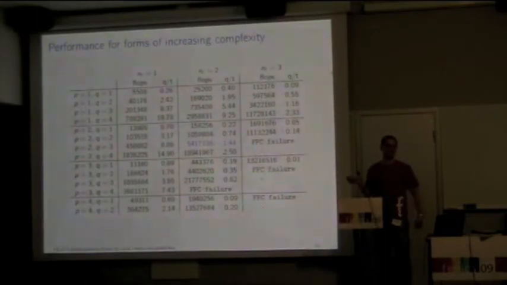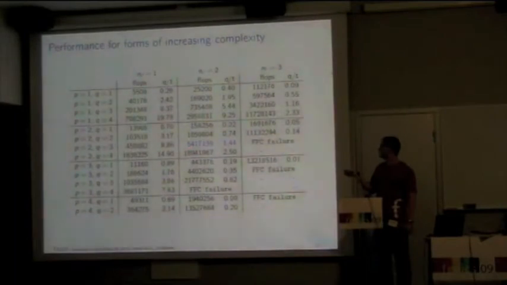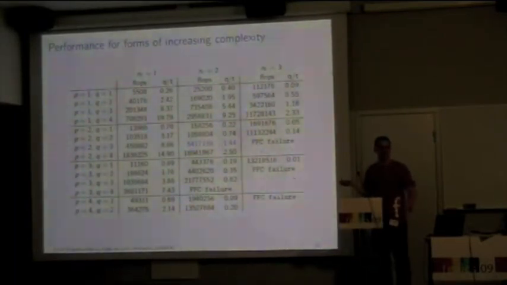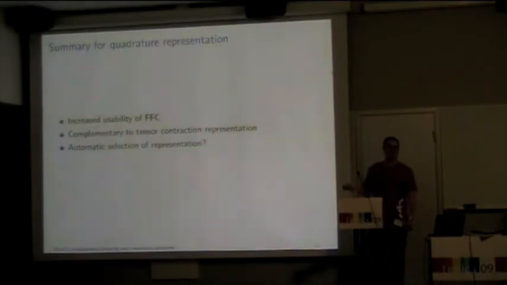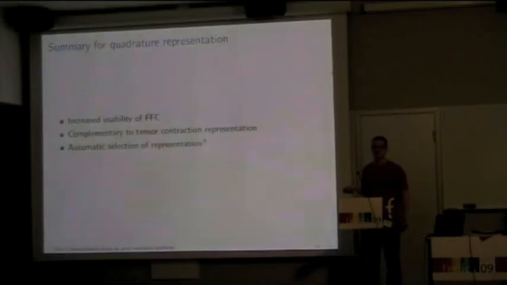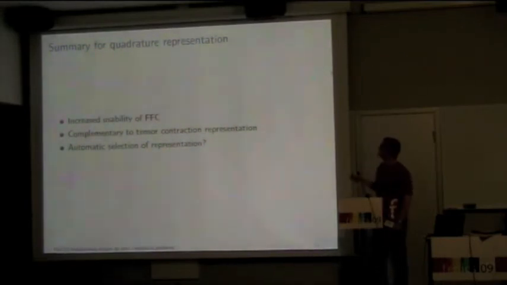So you also need to take into account some cutoff limit, I think, for when the file size will simply be too big to be processed by the C++ compiler. Anyway, so this is a question mark for future work, whether we can choose this representation in an automatic way.